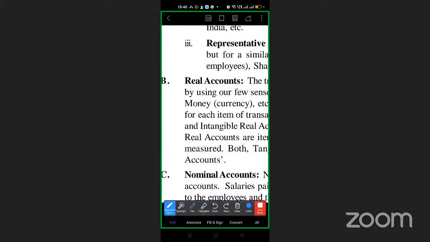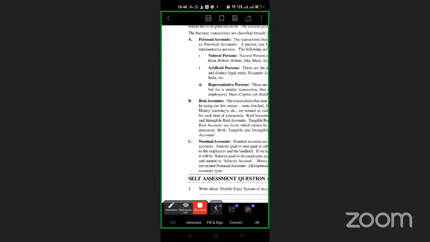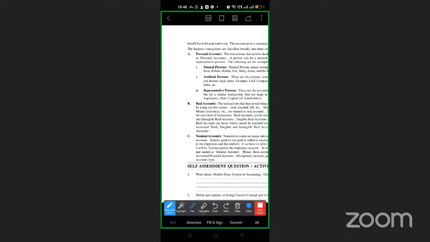So in that situation, I write an entry like this. Cash is coming in, so for a real account we only debit what comes in. When I write like this, it is called account. A/c means account, and cash account debit.